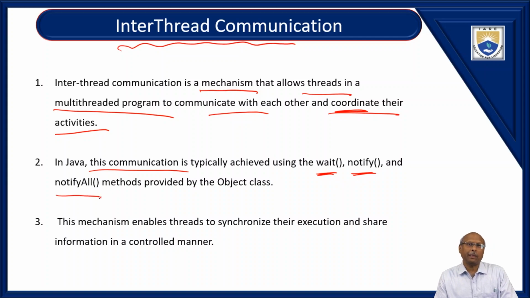There are three special methods in Java: the wait method, notify method and notifyAll method. These methods are provided by a special class called the Object class. Actually, in Java, the parent or grandparent class is called the Object class.